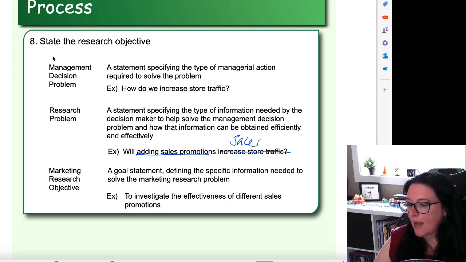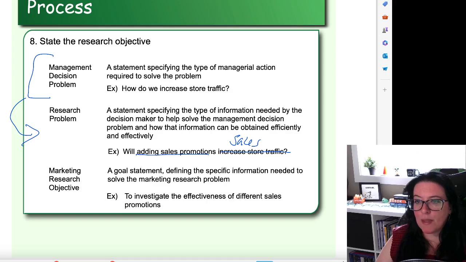So we need to take the issue within the organization, turn it into something that we can research, where it's much more narrow in scope, which takes into consideration really the underlying issue, and then turns it into something that we can measure whether or not our research is effective and successful.